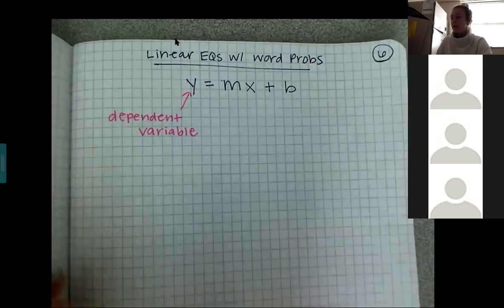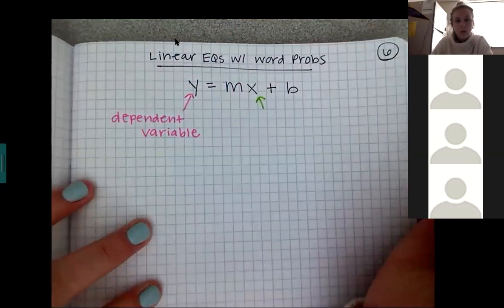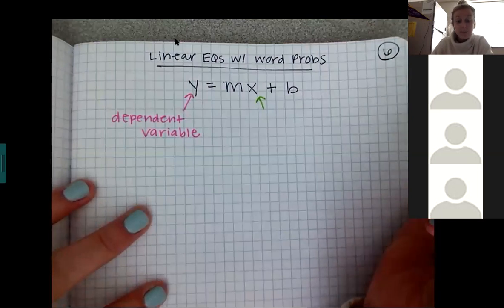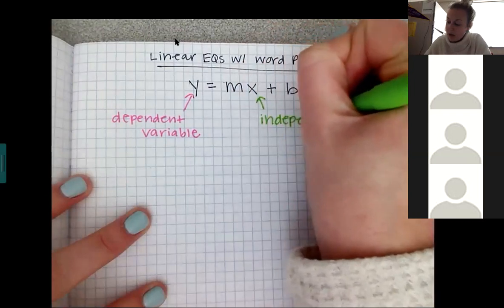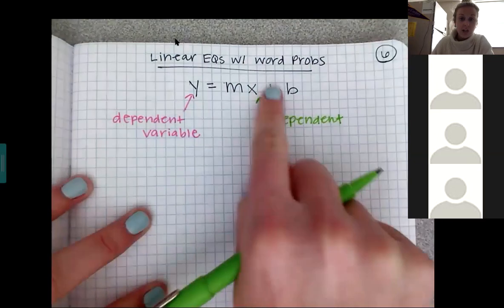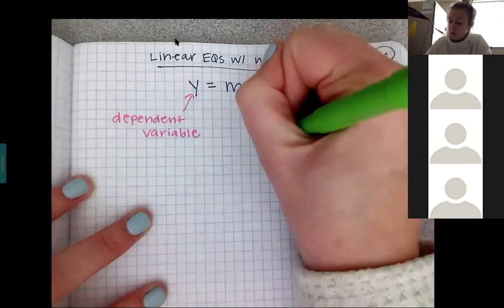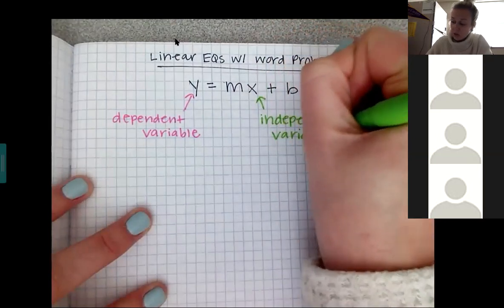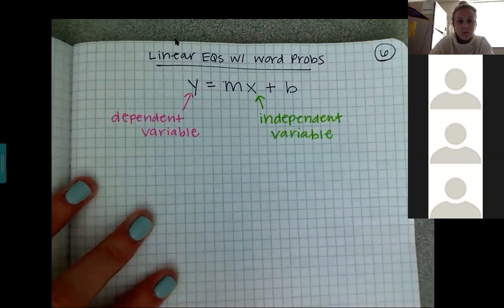Who remembers what the x is called? Independent, good. So x is the independent variable. That's the one that affects y. So if I change x, y is going to change. We'll do examples, so I don't want you to get too worried already. But I do want you to have this in your notes.